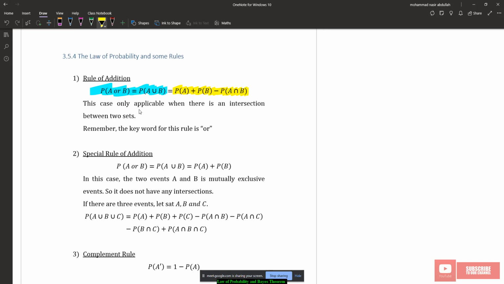Whenever you have the word or, it means you're going to do the probability of A union B.